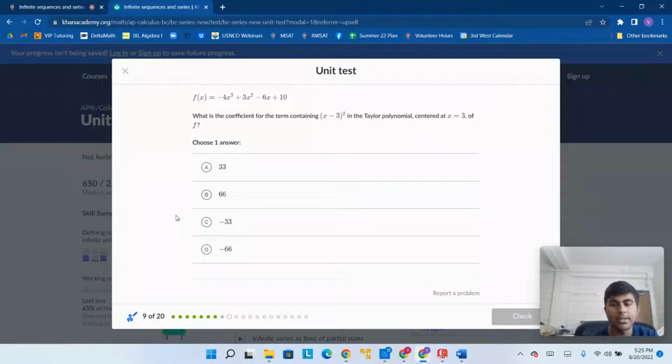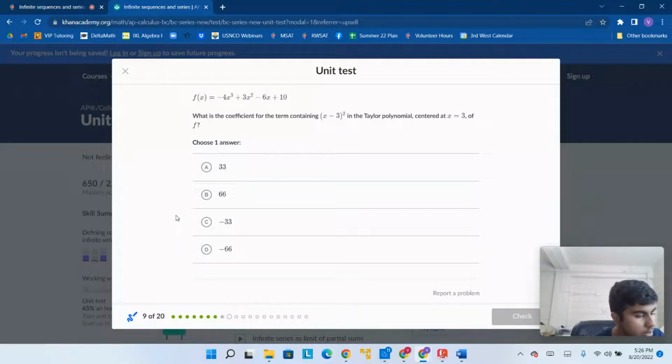Now f prime of x is going to equal negative 12x squared plus 6x minus 6. And the 10 cancels. You really don't need to calculate this to find the second degree term, but we're just going to do it for practice's sake.